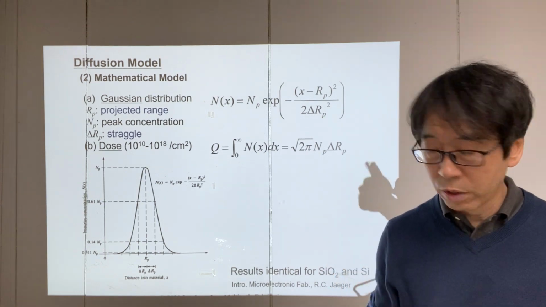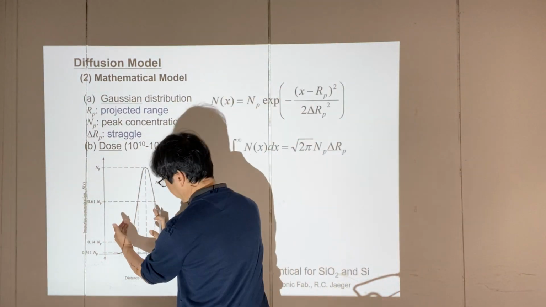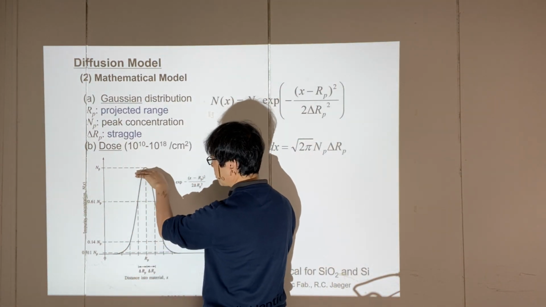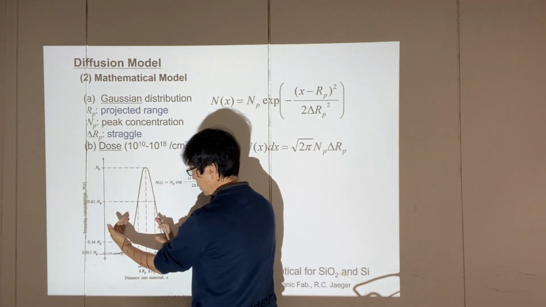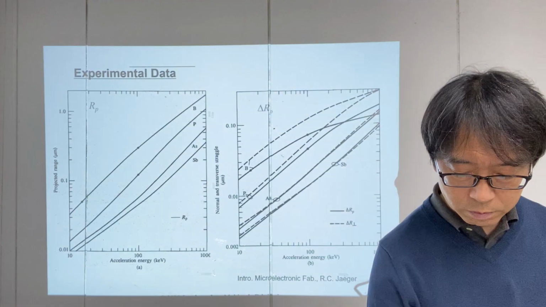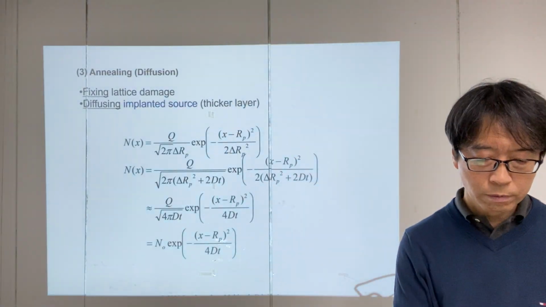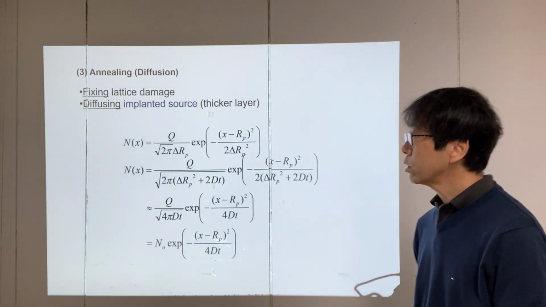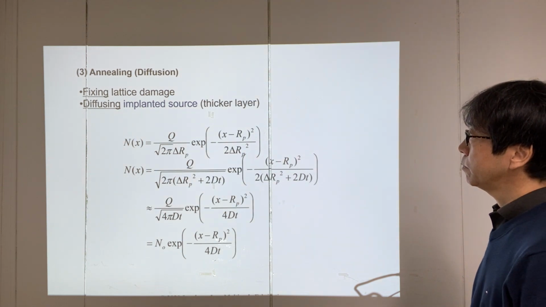In that case, the peak distribution will go down and become broader and broader, right? That's what will happen, and we can calculate it as well. This process is called the annealing process.